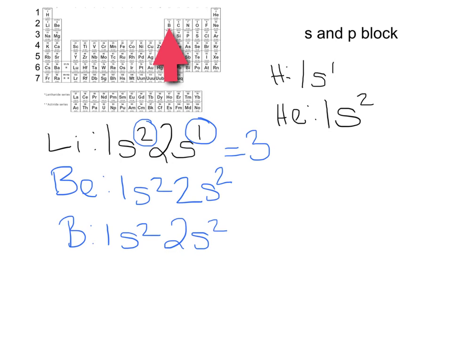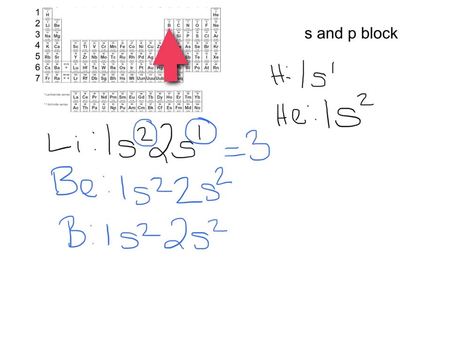I'm not there yet. So I've accounted for 1s, I got all the way here. 2s, I went all the way there. Now I need to enter P block. So I've already counted these 2 spots right here. I am still in the second row, right? I'm going over 1 in P block.